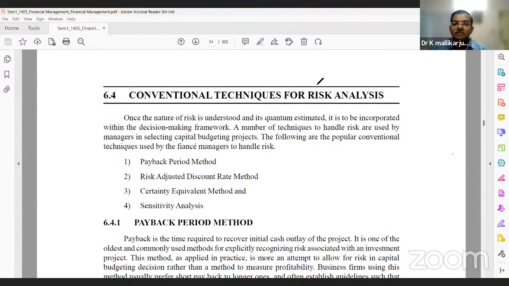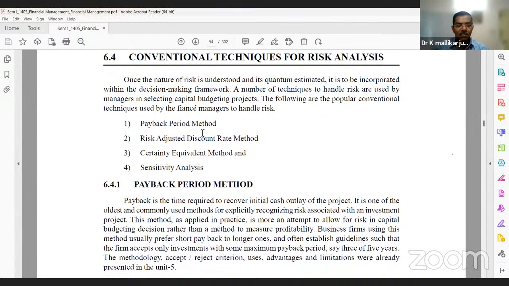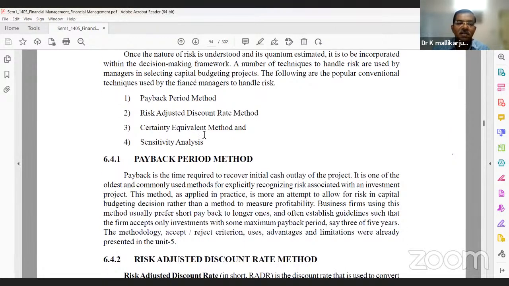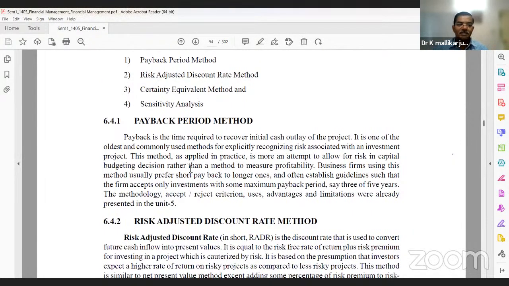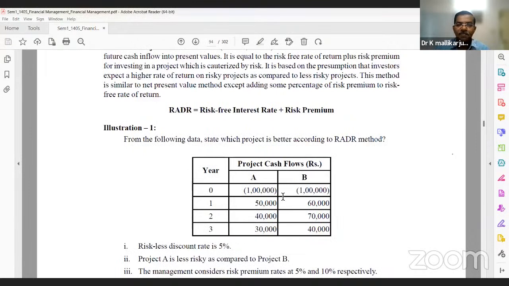So which methods consider risk? The payback period method, as we discussed earlier, then the risk adjusted rate method, the certainty equivalent method, and the sensitivity method.